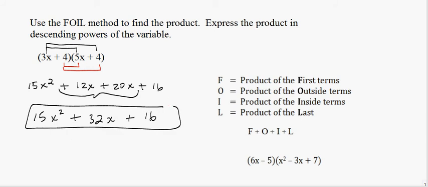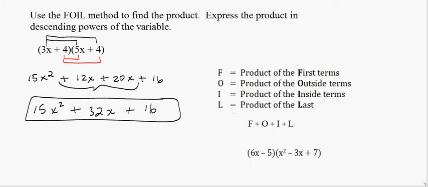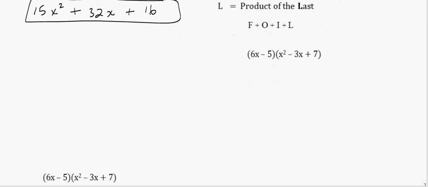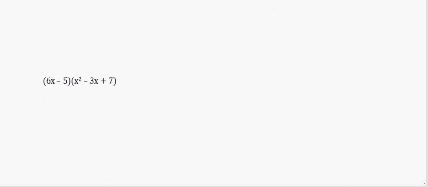Okay? Now let's see how that same method would work for this problem, even though I'm not going to really use the term FOIL. I'm going to take 6x and I'm going to distribute it through the parentheses. So I'm going to take 6x times x squared. Well, 6x times x squared is 6x cubed.